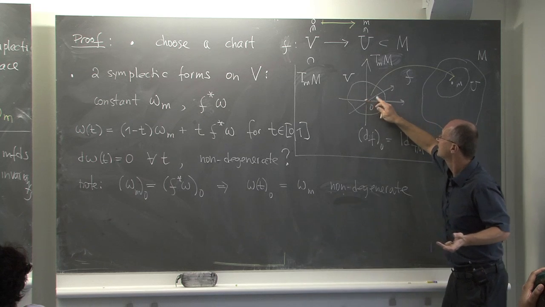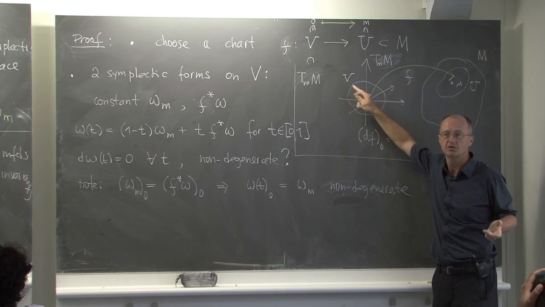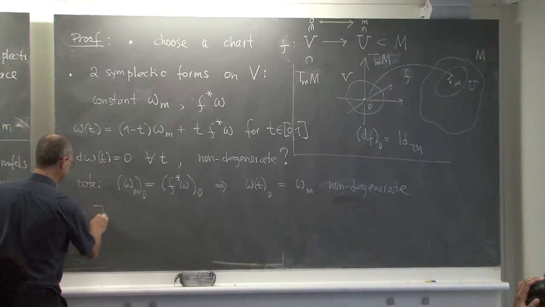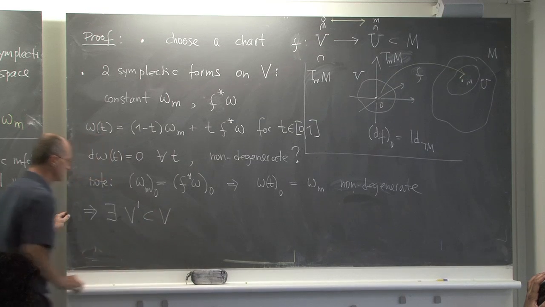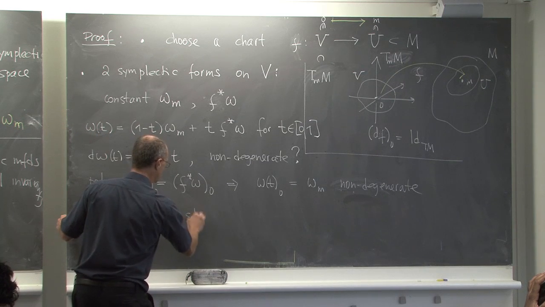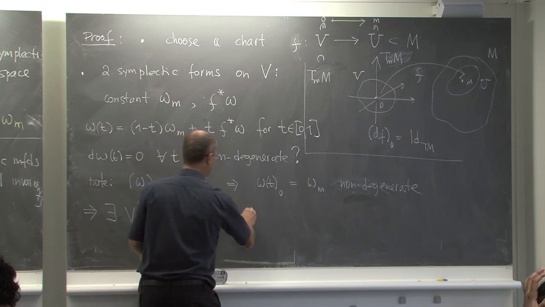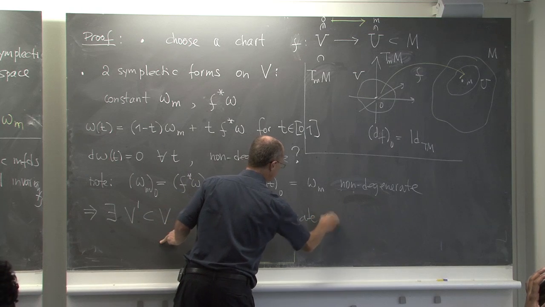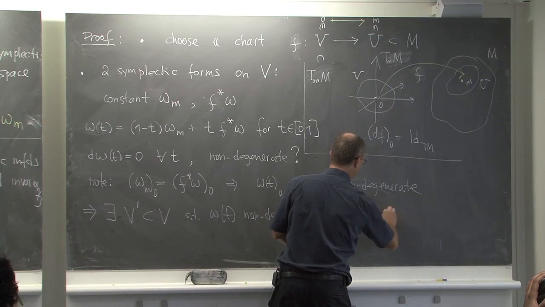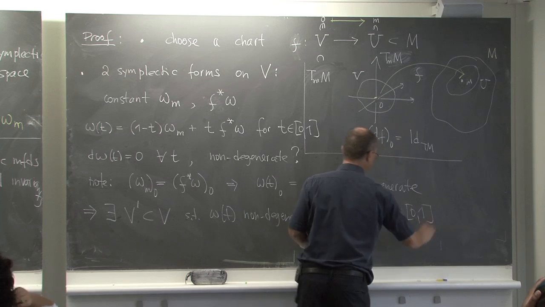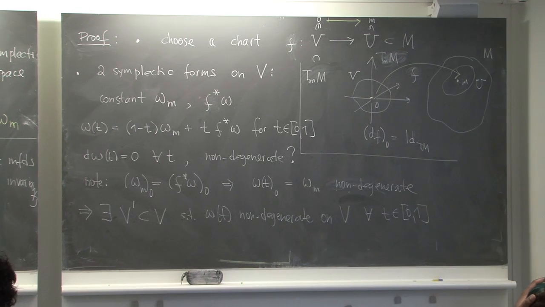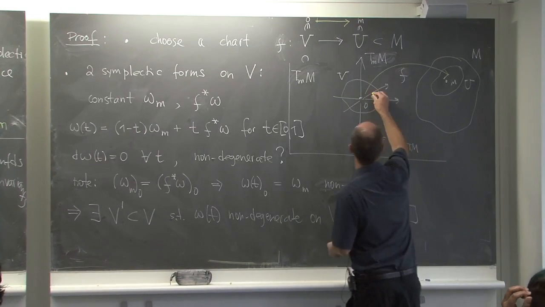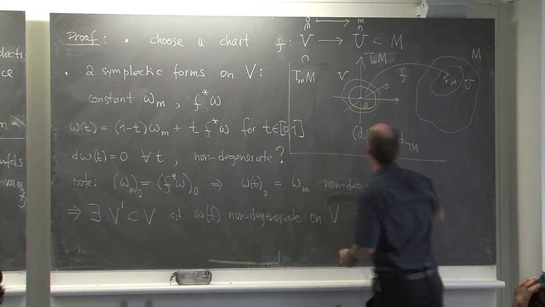So this means that there will be some neighborhood, maybe smaller than V, V prime, such that omega_t is non-degenerate on V prime for all t in [0, 1]. So here there is this kind of smaller neighborhood.